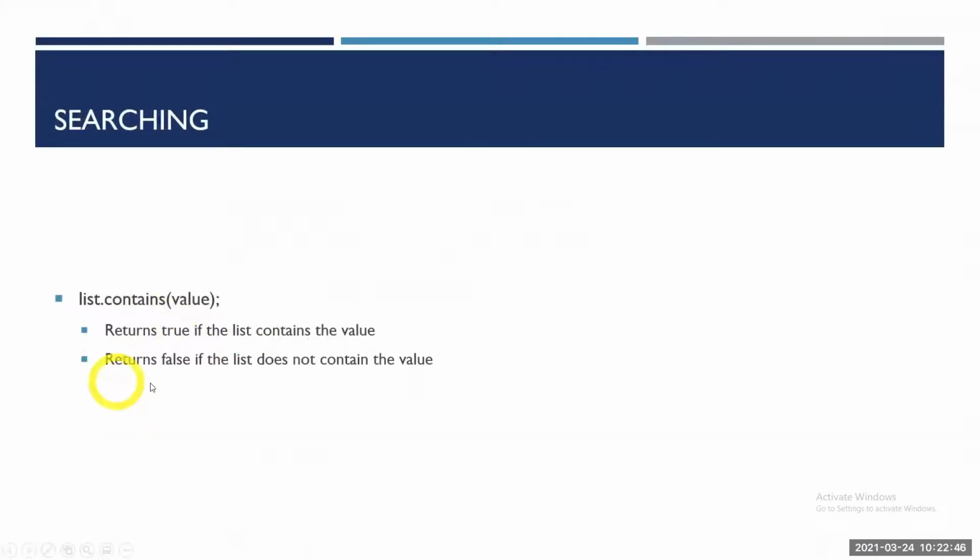Searching. So you can search. Now this is tricky for objects, right? Because when you search, you're searching for that value. So if you're searching for an athlete, you have to pass in the entire object, right? And it searches for objects.